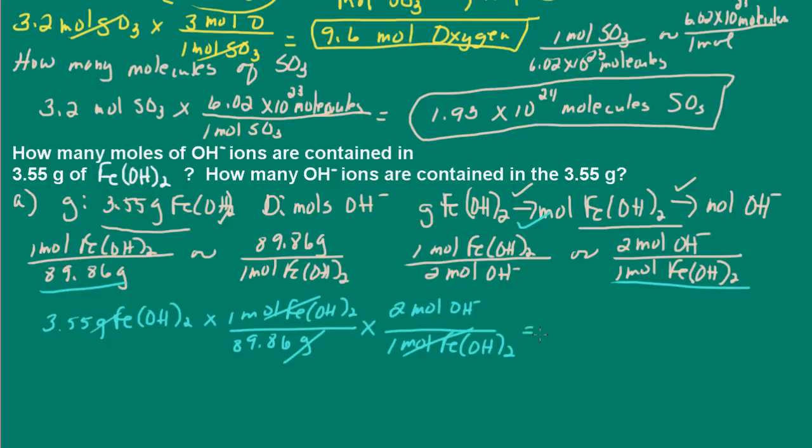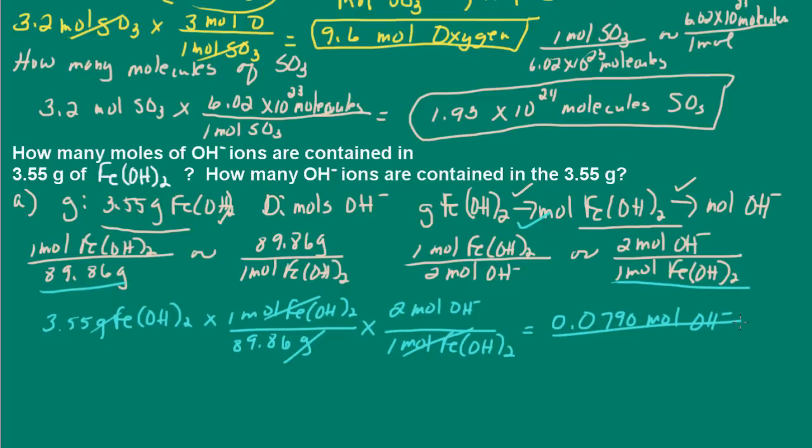That turns out to be 0.079 moles of hydroxide. So there are 0.0790 moles of hydroxide ions in 3.55 grams of iron 2 hydroxide.